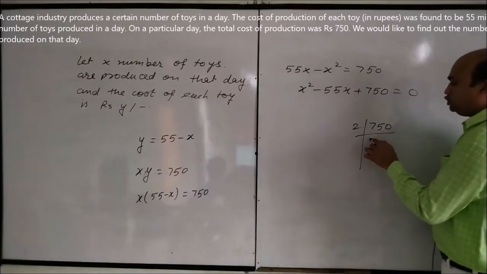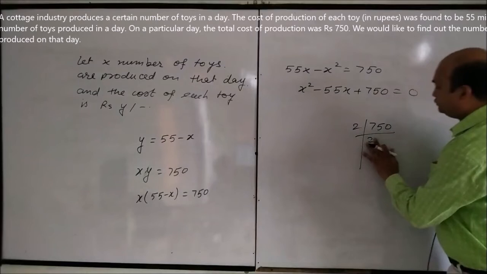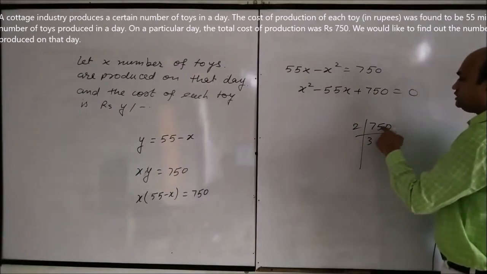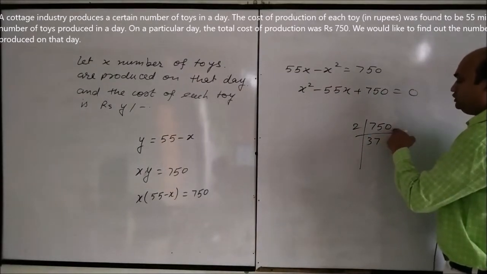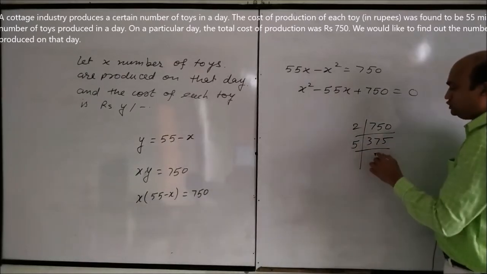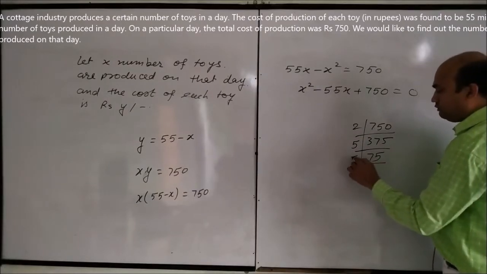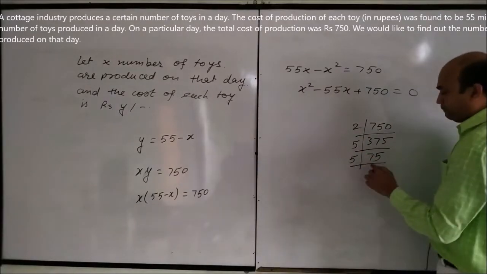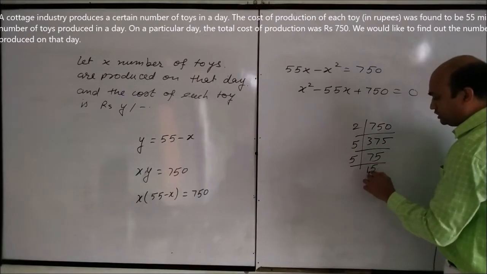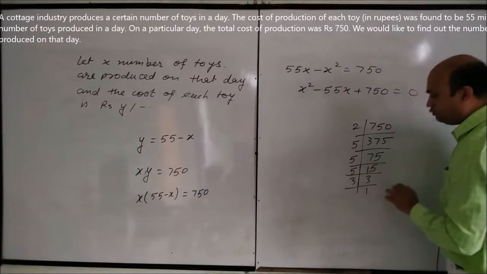Divided by 2, 3 sixes are 18... then divided by 5, again divided by 5, now we divide by 5, and then by 3.